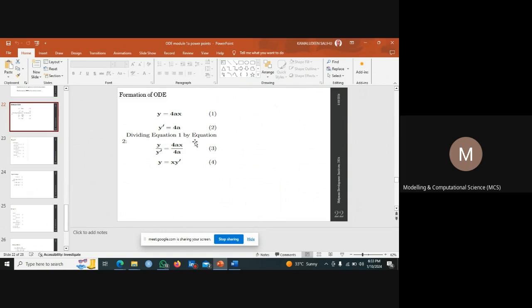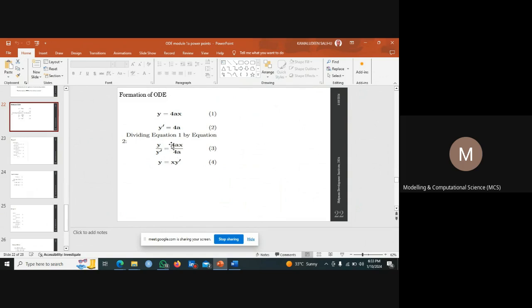So now you apply your own techniques. It depends on you how you do it to get the arbitrary constant eliminated. Here, we divide equation 1 by equation 2. And look at it here. You have y over y prime is equal to 4ax over 4a.